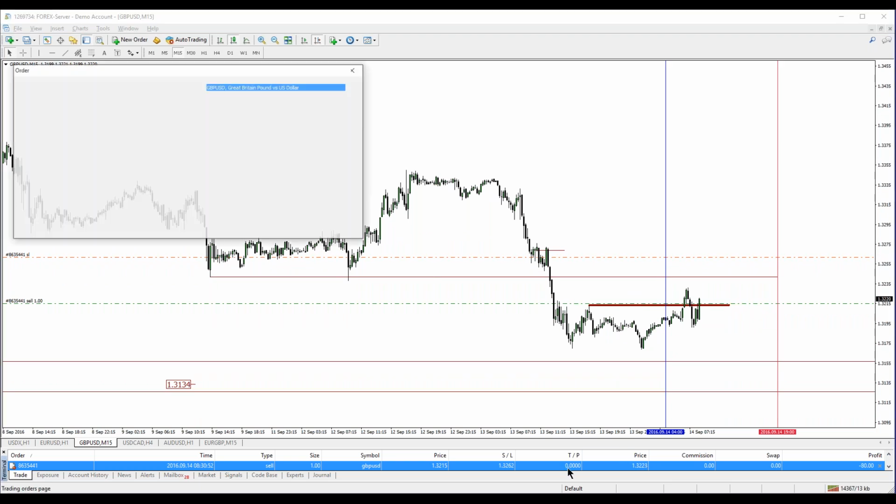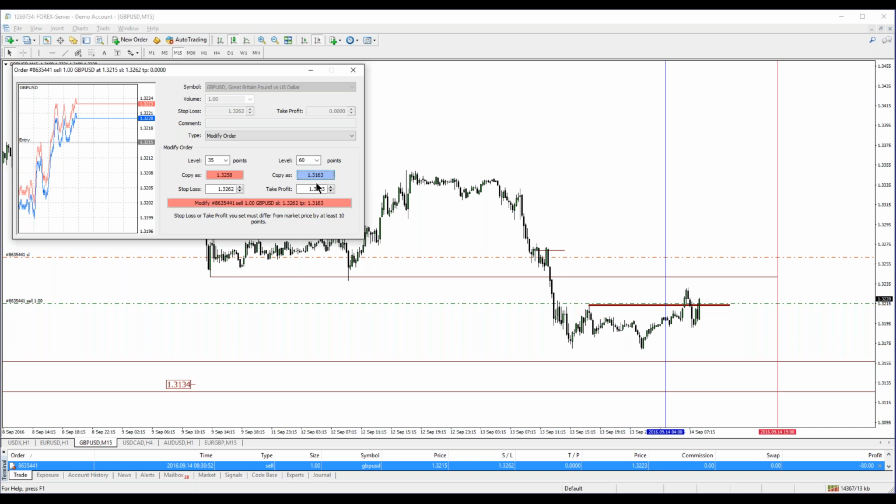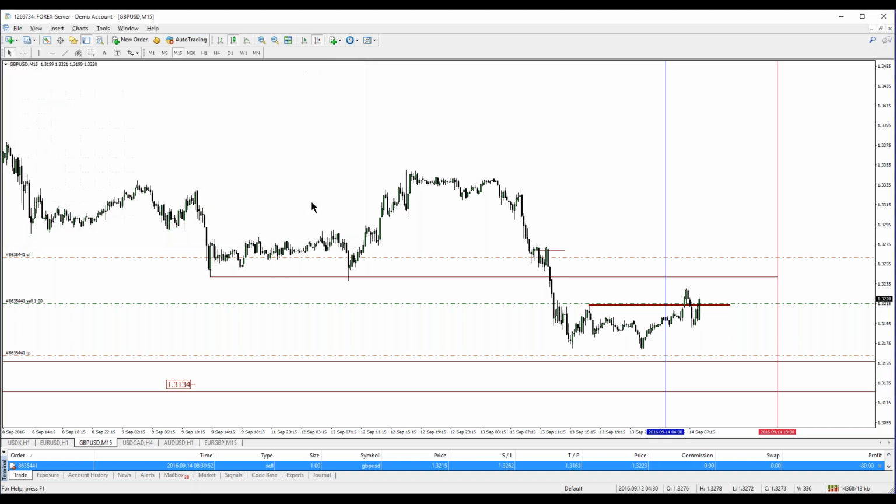Didn't take profit. Okay. Can everyone see the details on this? Not sure if you guys can.